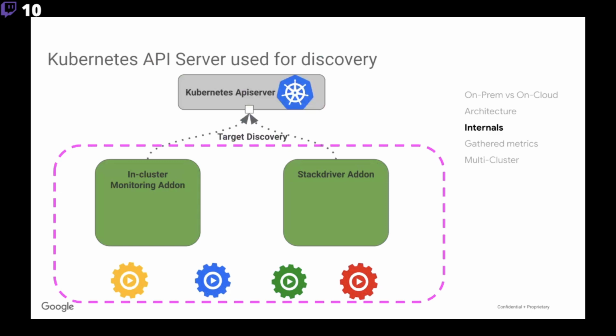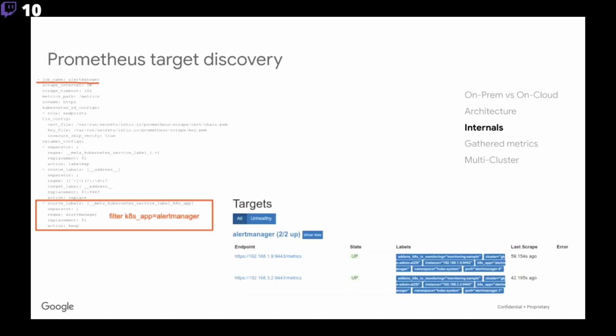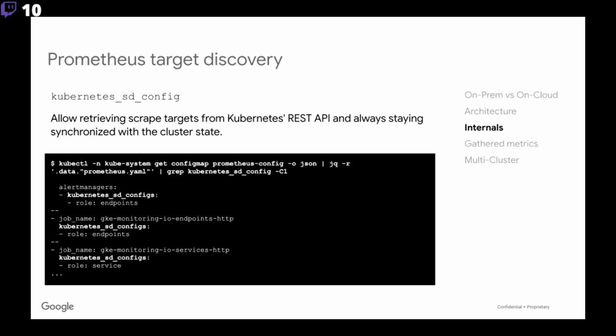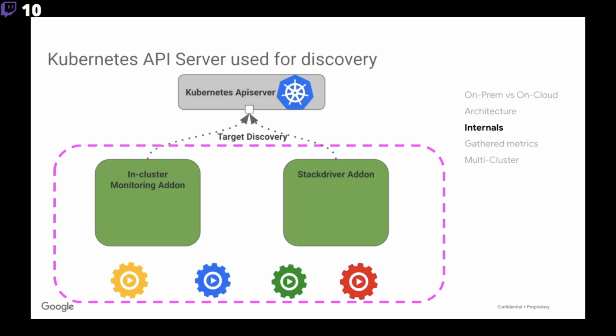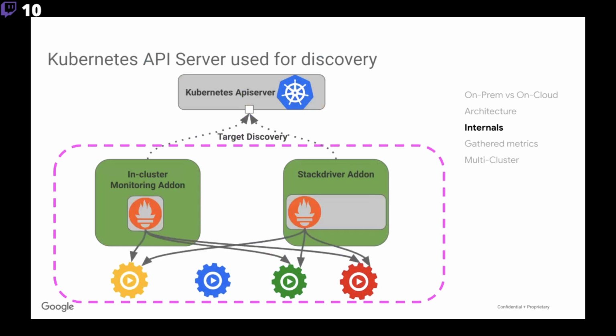Yep. Sorry, let's go back. That specific Kubernetes SD config is the one that automatically discovers what it can scrape from the Kubernetes API, and then Prometheus will scrape them accordingly.